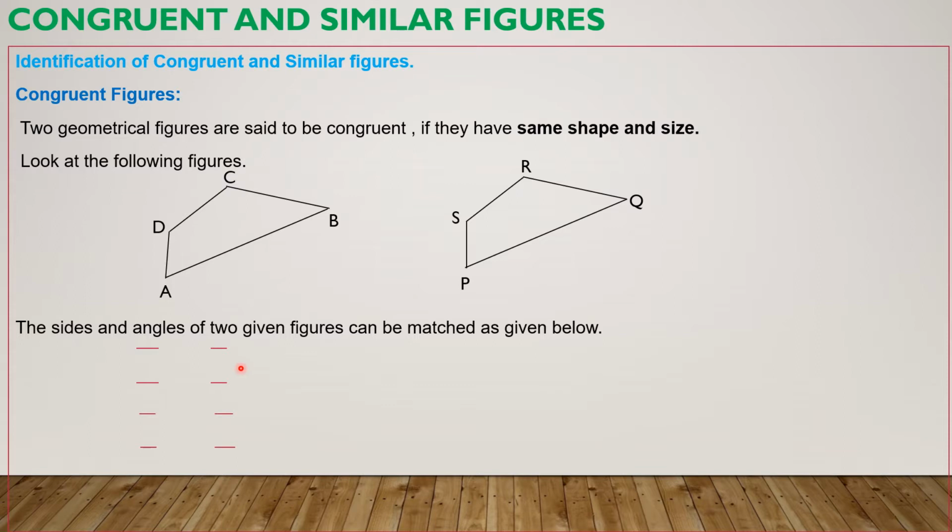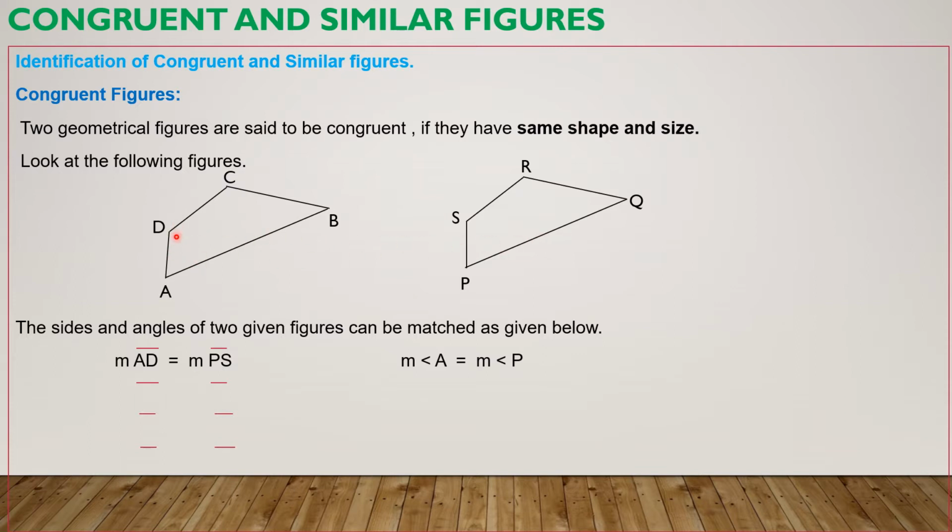The sides and angles of the two given figures can be matched as below. We can match their sides and angles just like this. Side AD is equal to side PS. Why are they equal? Because we are considering here that both the diagrams are congruent figures, meaning their size and shape are the same.